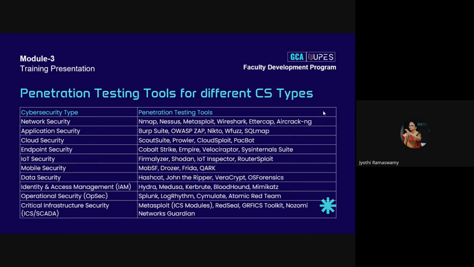So data security can be tested using Hashcat, John the Ripper, VeraCrypt, OSForensics. Now, Hashcat, I think you know the hashing algorithm. Data security can be tested by hashing or by doing something called a checksum. What Hashcat does is, at the source level, it creates a hash of the data.